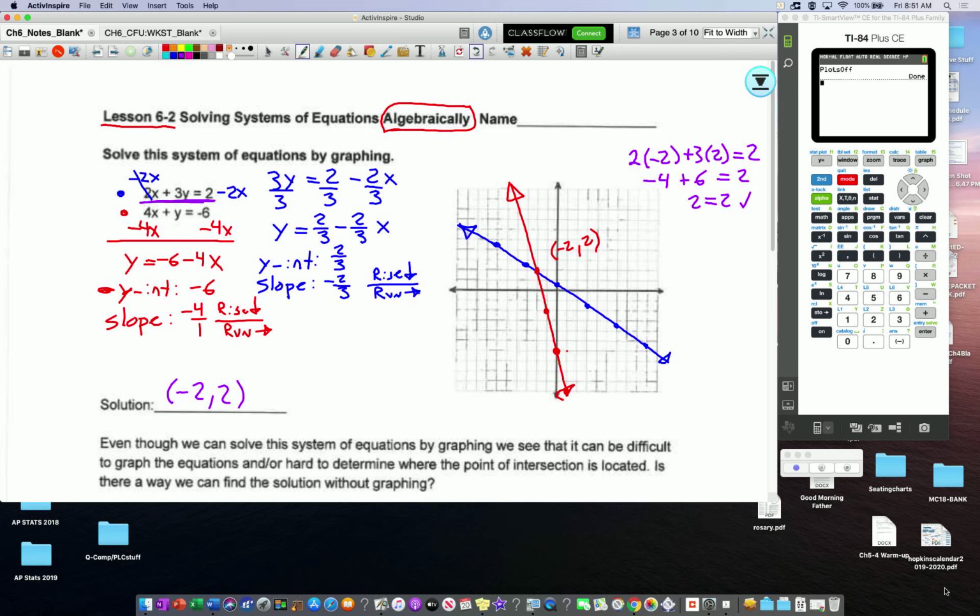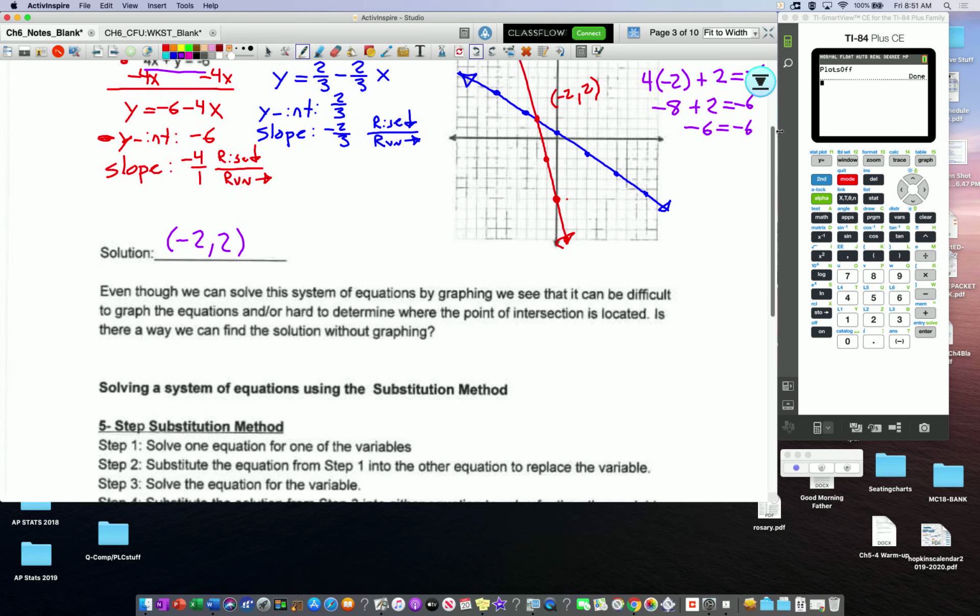That's looking good. So let's check it in the second equation. 4 times negative 2 plus the y value 2, does that equal negative 6? Negative 8 plus 2 does equal negative 6.